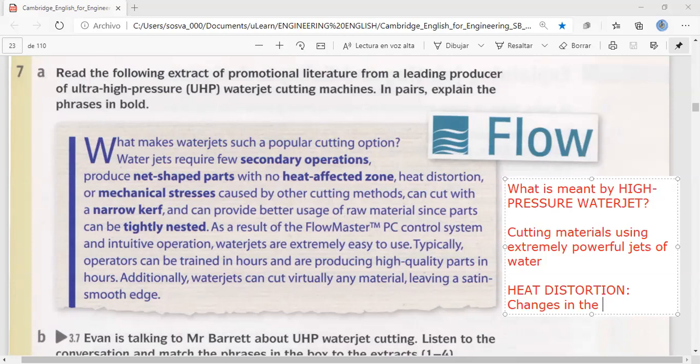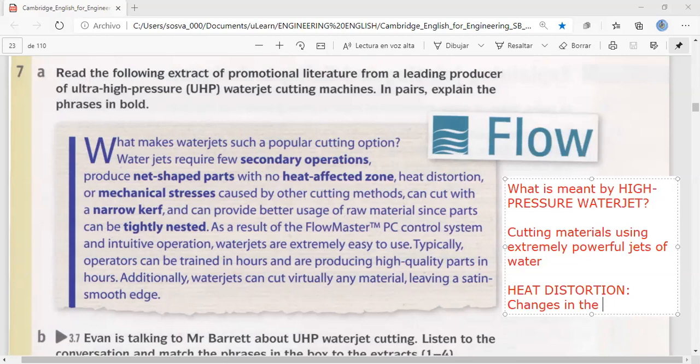Thinking about cooling, I think water jet cooling is a different process from the use of heat by high temperatures.